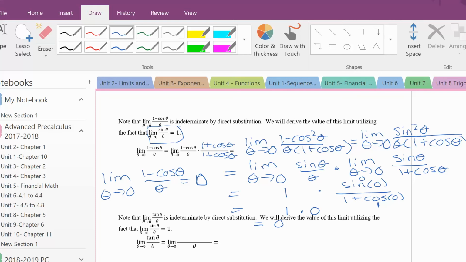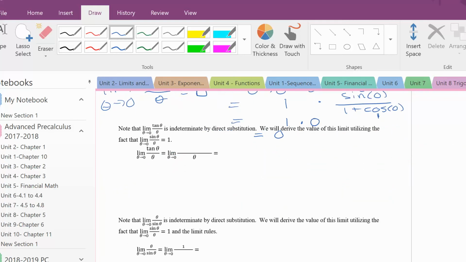All right. Now we can do the same thing for tangent theta over theta, because remember, this is the same as saying sine theta over cosine theta, which is equal to the limit as theta approaches 0 of sine theta over theta times 1 over cosine theta. Because if I go sine theta over cosine theta times the reciprocal, 1 over theta, that's how you get that.